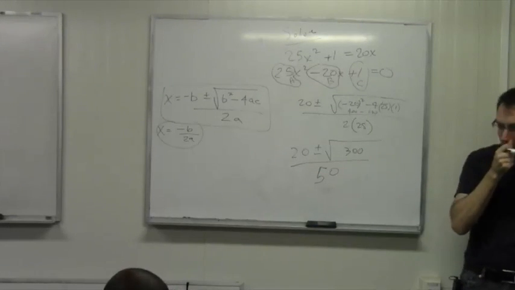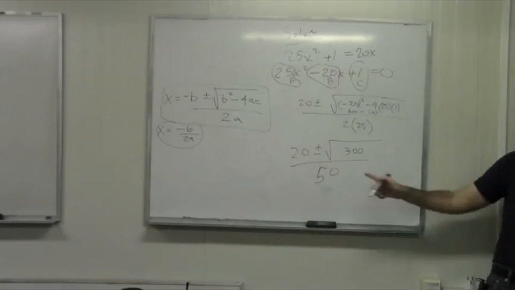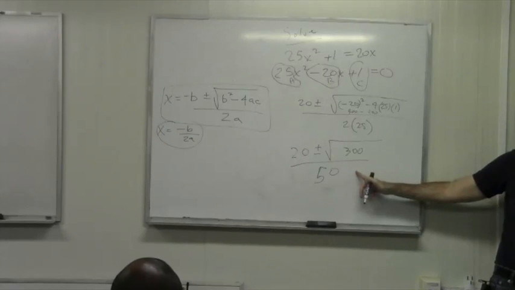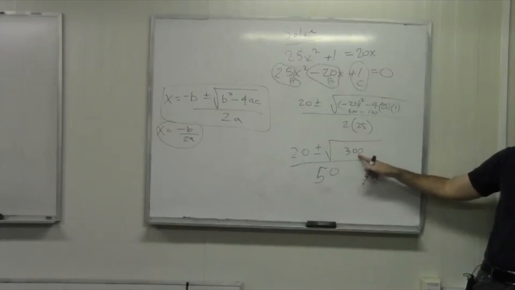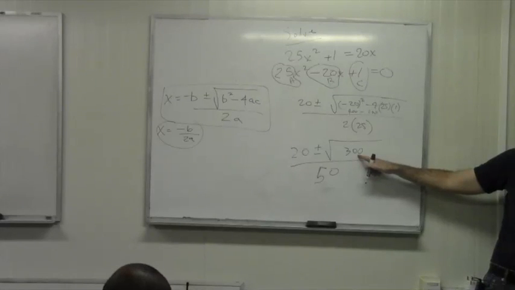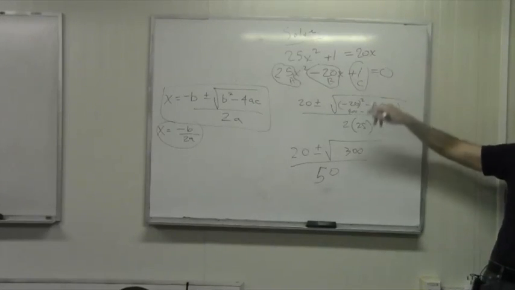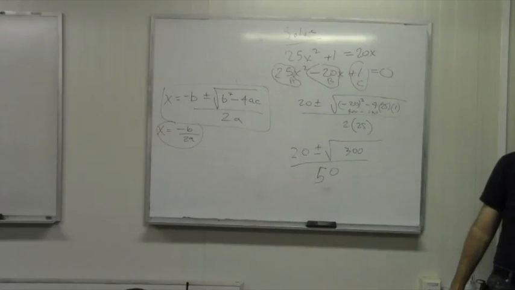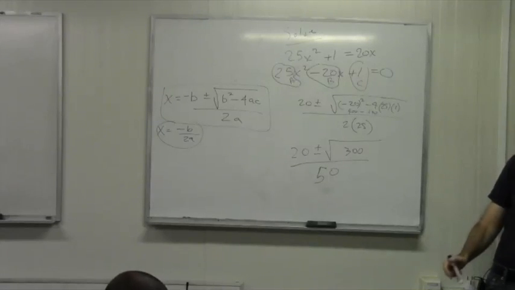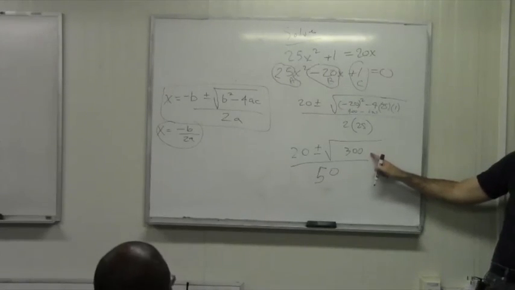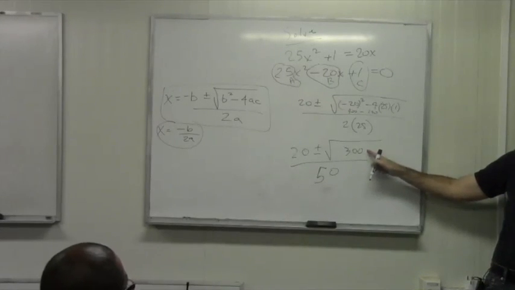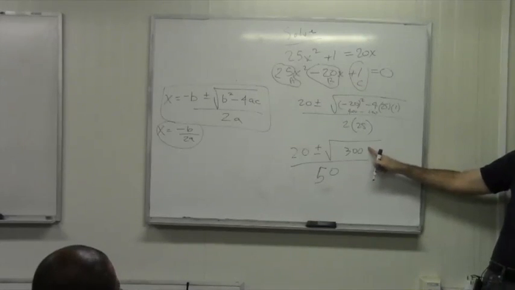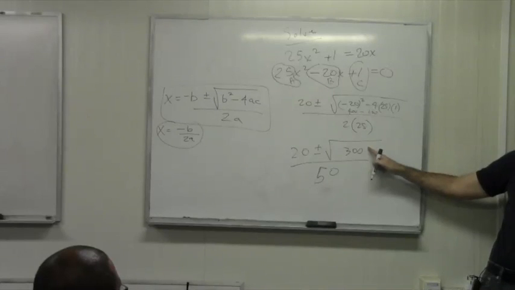Can you simplify this? Yeah, you can. 300. Remember how we simplify those? You write down 1, 2, 3, 4, 5 all the way up to 10 or whatever, and you start thinking about what factors go into that. What factors are real easy? How about 100 times 3, which is 10 squared times 3.